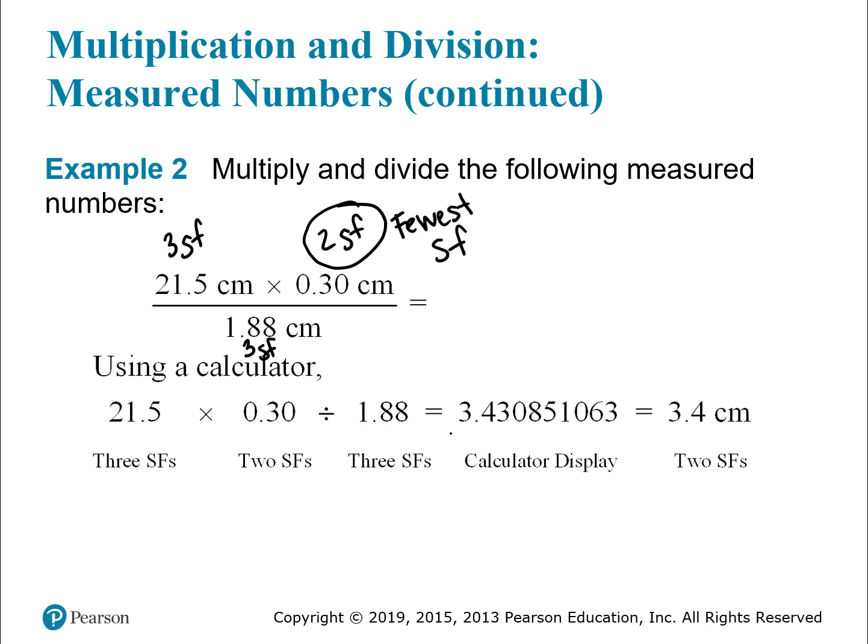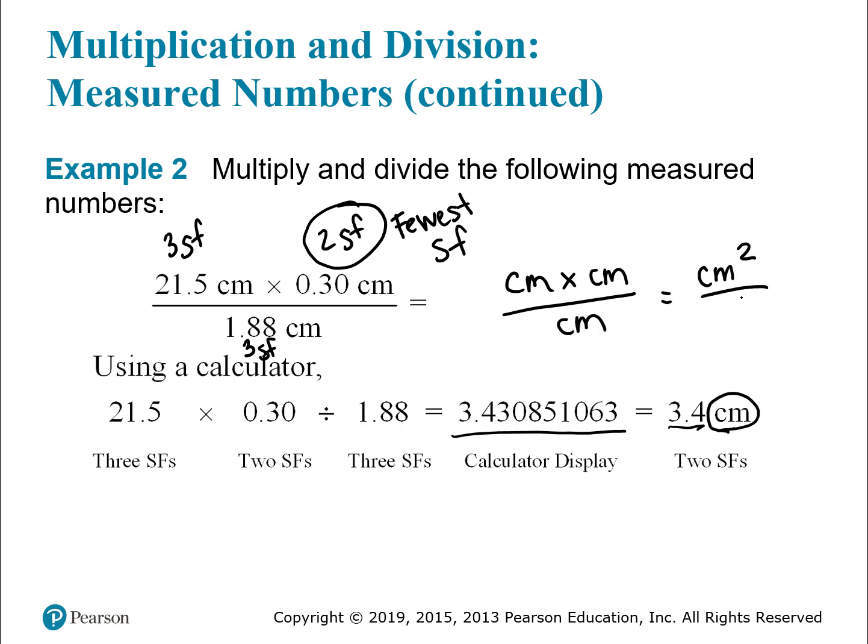Your calculator is going to tell you some long number. Don't you tell me that long number, because it will be wrong, long and wrong, okay? Give me 2 significant figures, and don't forget your units. This time we did centimeters times centimeters divided by centimeters. And when you do all that out with your unit analysis, you should just have centimeters at the end.